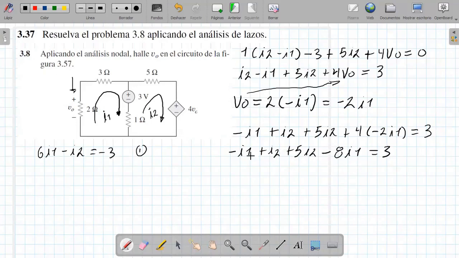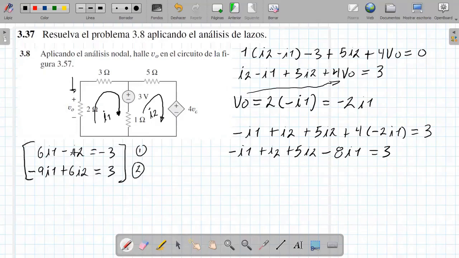Anything that has I1: minus 8 and minus 1 gives minus 9 I1. And I2: 5 plus 1 would be 6. What a pity, I confused it. A very common mistake. Plus 6 I2. Be careful with that. Equal to 3. That would be my two equations with two unknowns.